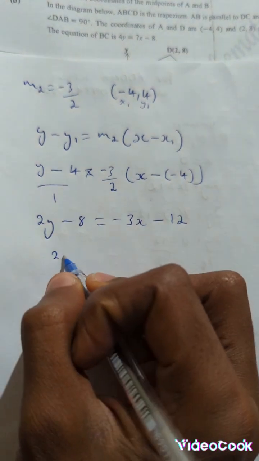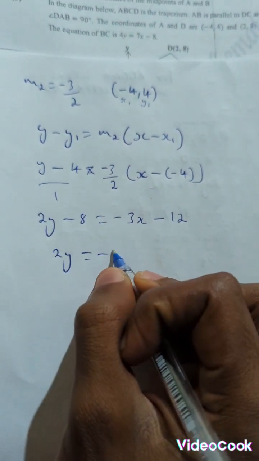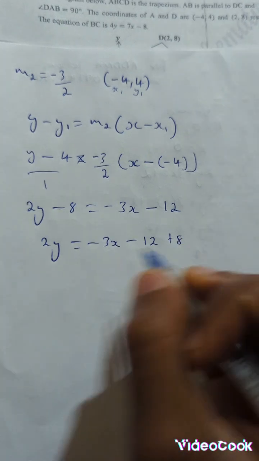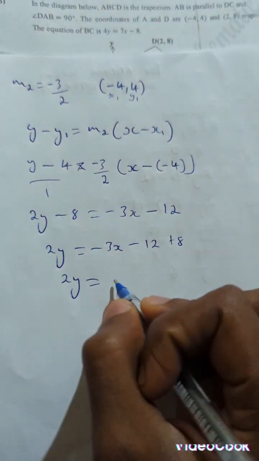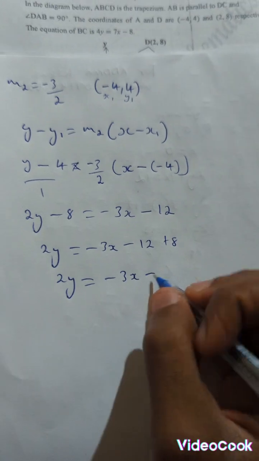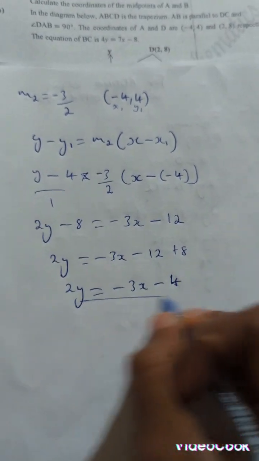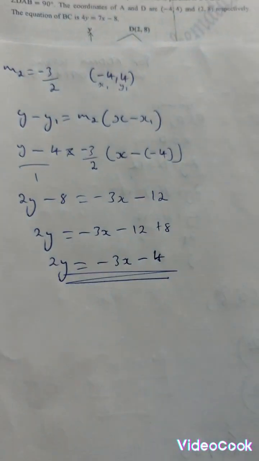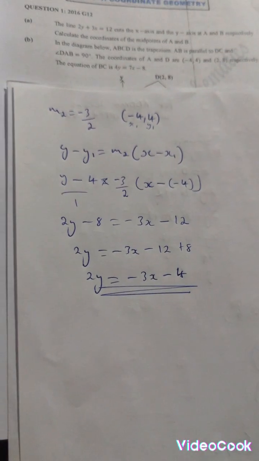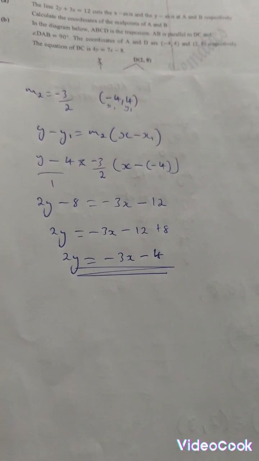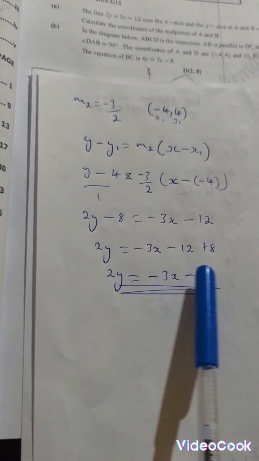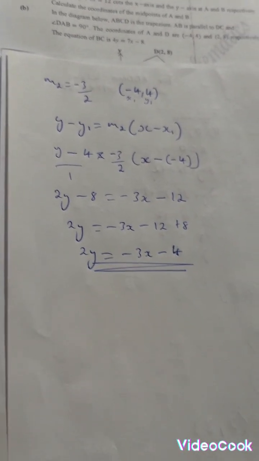From here we can say 2y is equals to negative 3x minus 12 plus 8. 2y is equals to negative 3x, then minus 4. From here you are done in finding the equation, or if you want, you can now divide the 2 on both sides to find the final.